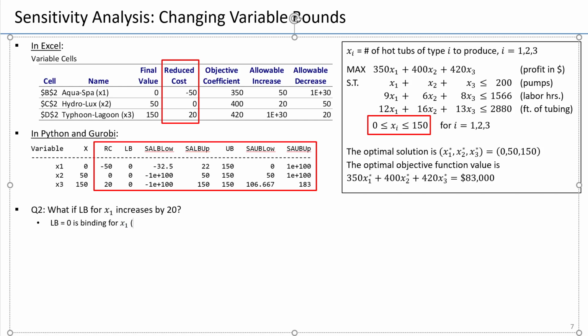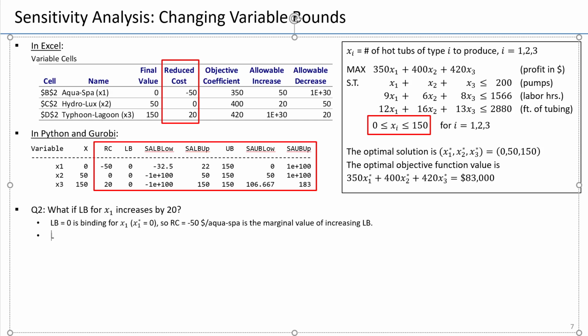We can say the optimal value of x1 equals 0, right? So obviously, in this case, the reduced cost, which is equal to minus $50 per aqua spa, is the marginal value of increasing the lower bound, right? So this is where the reduced cost can be applied, right?